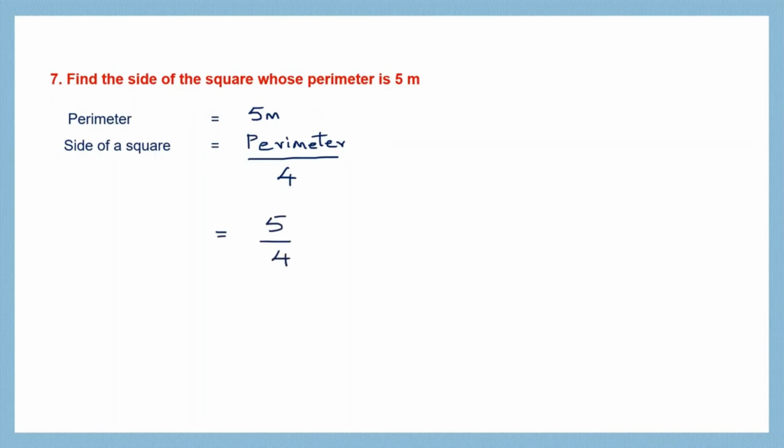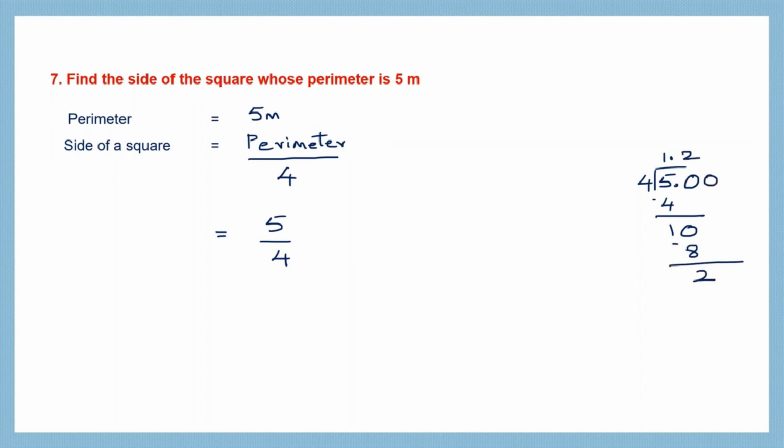5 divided by 4. So let's do that division. 5 by 4. 4 ones are 4 minus, I've got 1. Now I'm going to continue my division by putting a point. I need to carry that point on top. Now I can put a 0. I have 10. 4 2s are 8 minus, I can still continue my division.